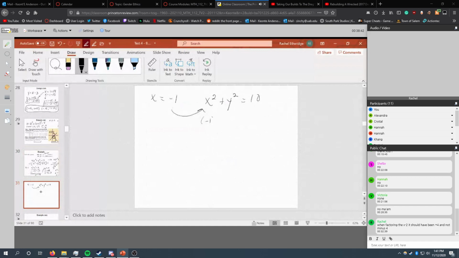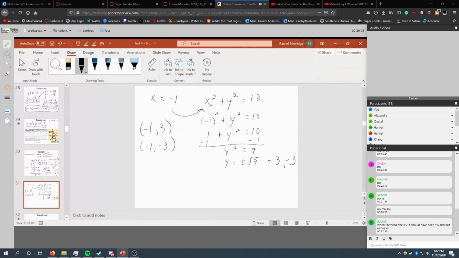So I'm going to plug in a -1 in parentheses. And I'm going to work this out the same way I did the other one. So I get y squared equals 9. So y is going to be plus or minus the square root of 9. So y is going to be 3 or -3 when x is -1. So those two solutions are -1, 3 and -1, -3.